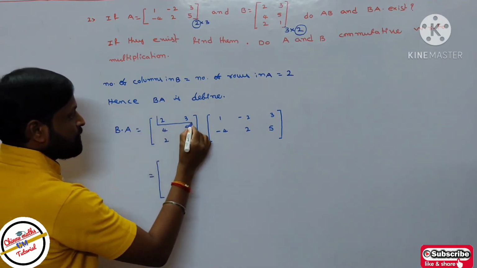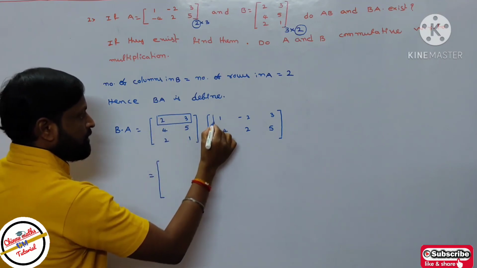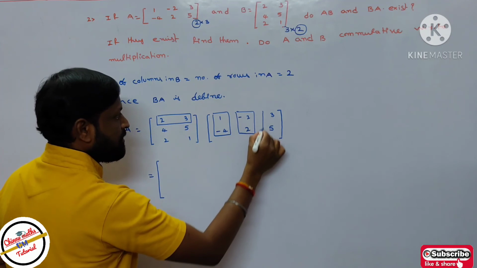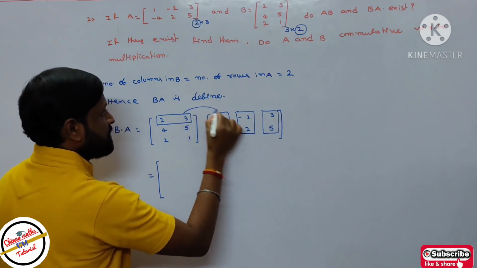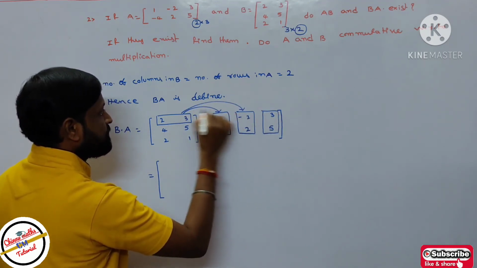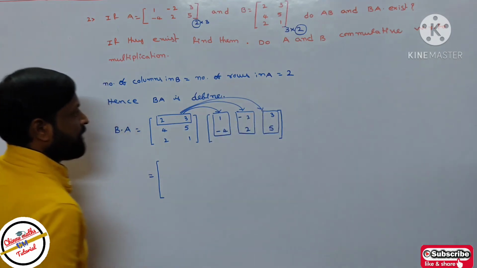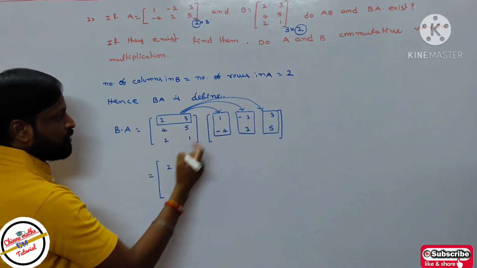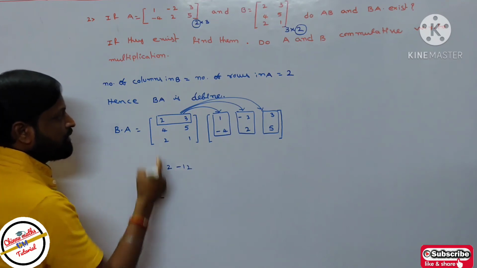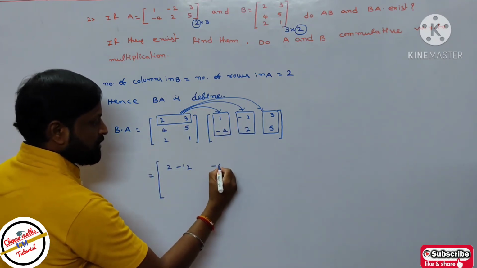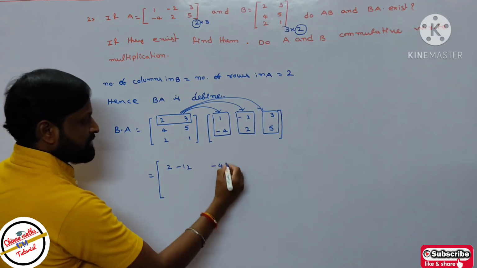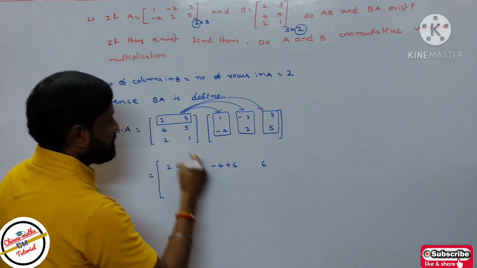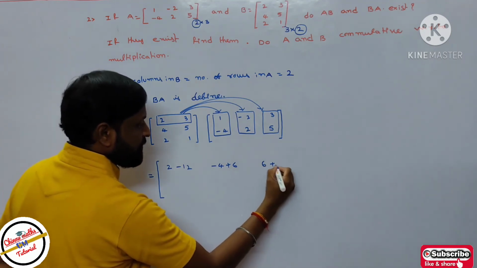First row times all columns of the second matrix: 2 into 1, 2, plus 3 into -4, -12, then 2 into -2, -4, plus 3 into 2, 6, then 2 into 3, 6, plus 3 into 5, 15.